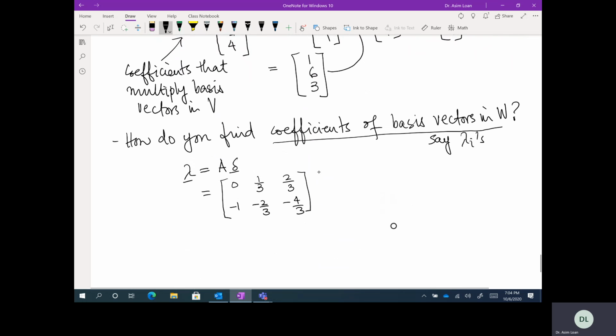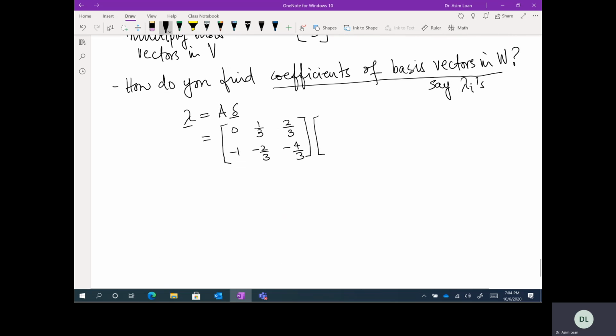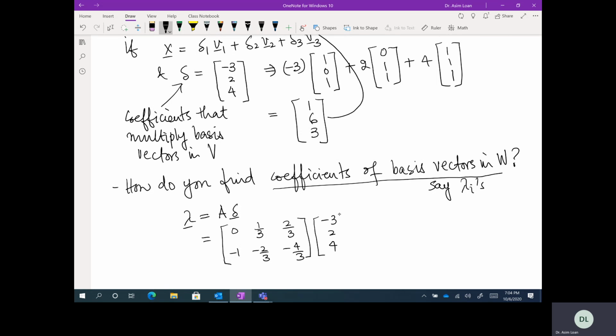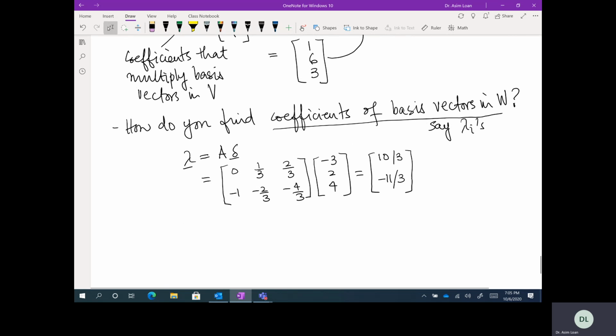This is multiplied by minus 3, 2, 4, and we get what? We get 2 by 3 plus 8 by 3 is 10 by 3, and here we get 3, which is 9 by 3. 9 by 3 minus 9 minus 4 is 5. 5 minus 16 is minus 11. Minus 11 by 3.